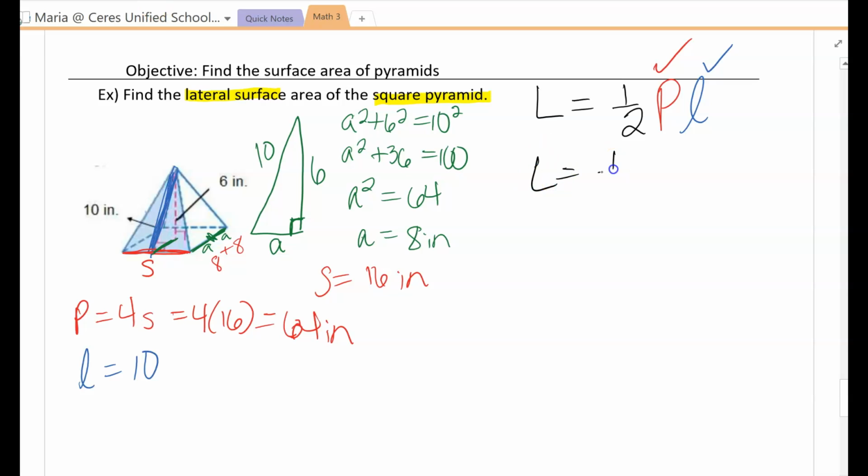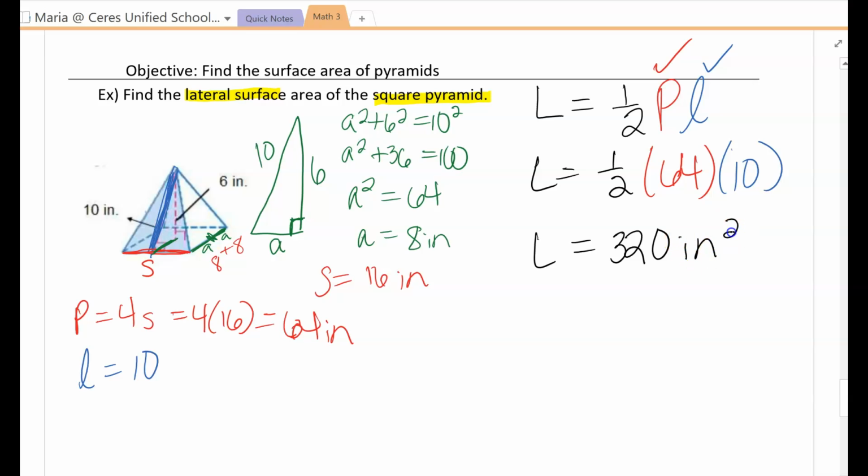So L is equal to 1/2. My perimeter is 64. And then my slant height is 10. So just plug in everything, and then you're going to use your calculator. So you're going to take half of 64 times 10. So 64 times 10 gives you 640, and if you divide by 2, that gives you 320, and my units are inches squared.